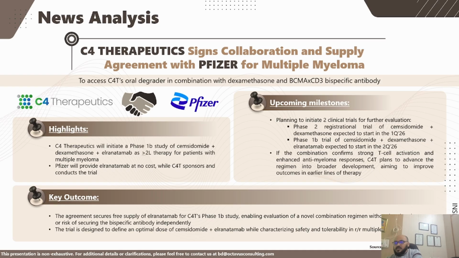Now, what we have done here is we tried to analyze the news, which from our understanding was a big news for us. C4 Therapeutics signed a collaboration and supply agreement with Sanofi, basically, right? C4 Therapeutics has started a phase 1 study in patients aged 12 and above with multiple myeloma.